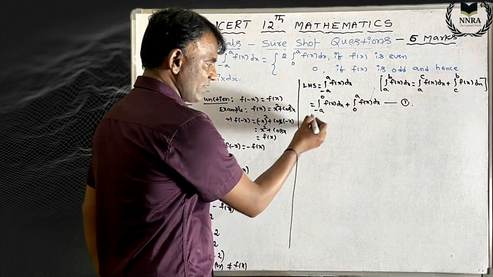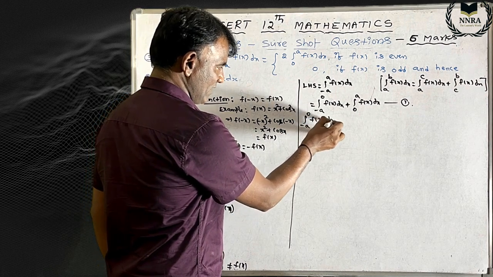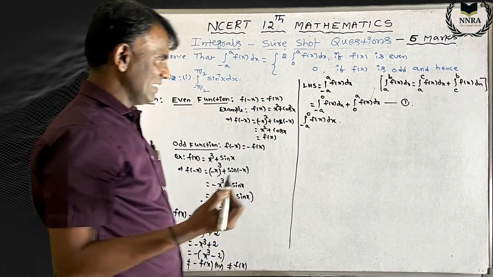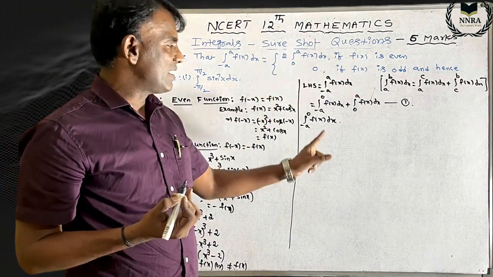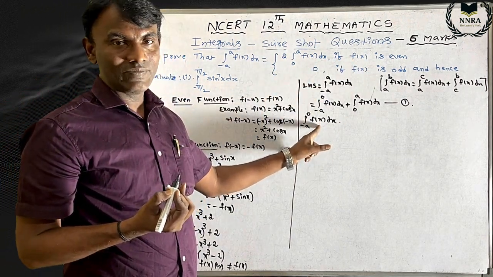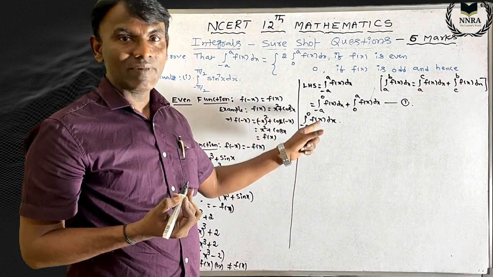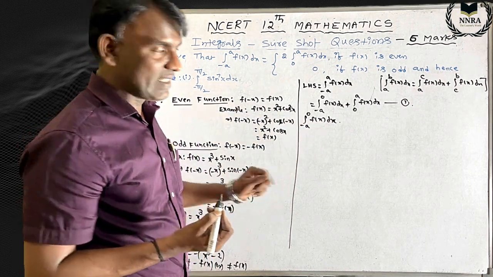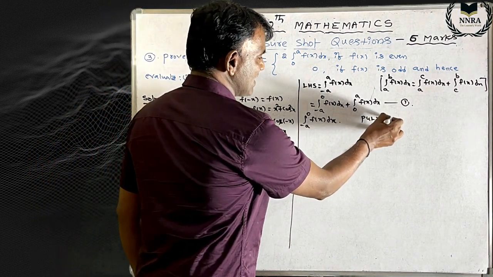Now in this we'll take the first value. What is that? Integral minus a to 0 of f of x dx. And these are the conditions, even and odd. So for this, the bracket value must be negative, right? Negative means minus x. So for that, just write x equals minus t.